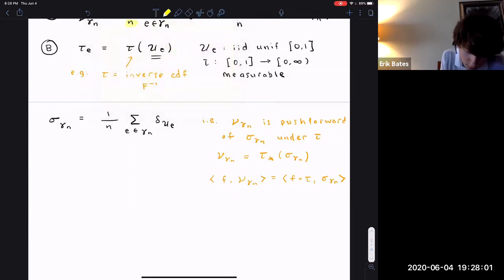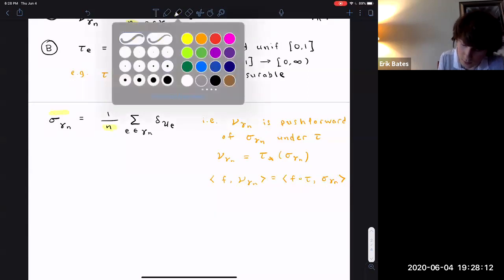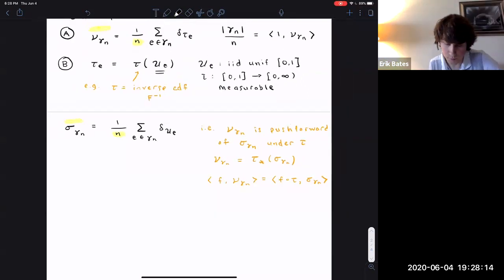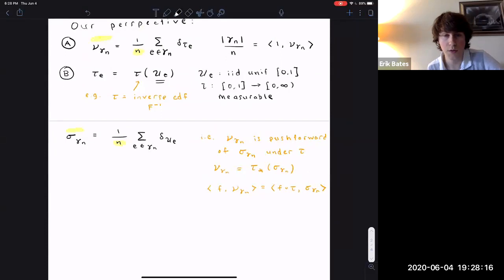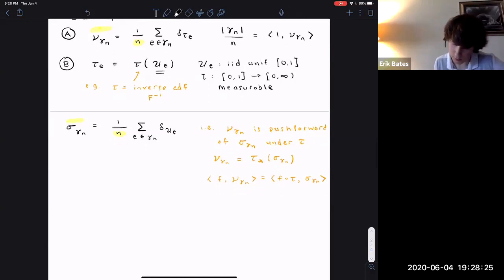And again, I've omitted the hat here to demonstrate that we have a different normalizing factor. Okay, so any questions on the definitions? Okay, so I've really done nothing, but let's actually see what we can get out of this.